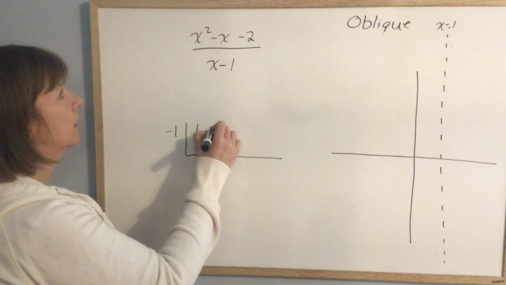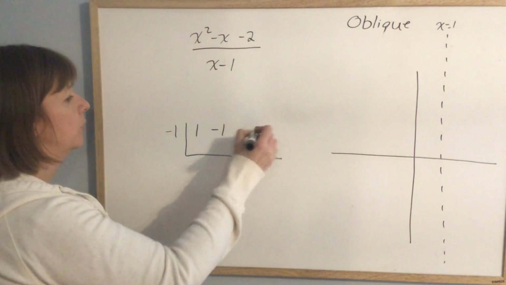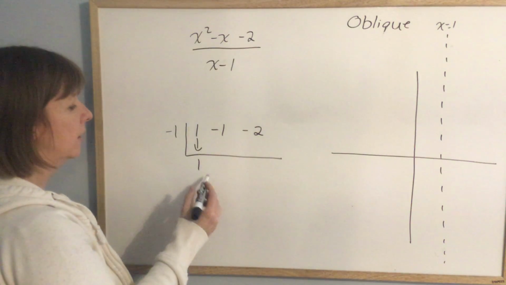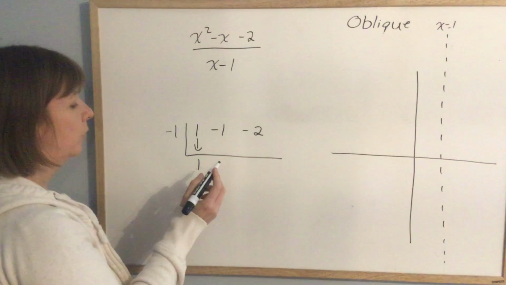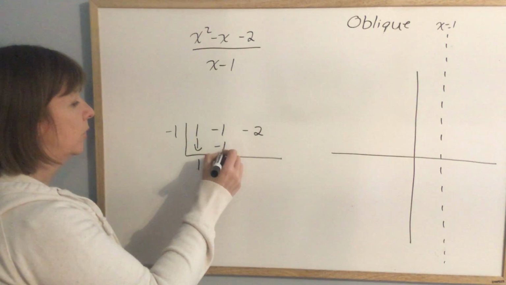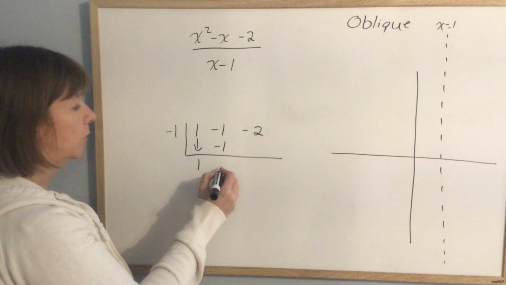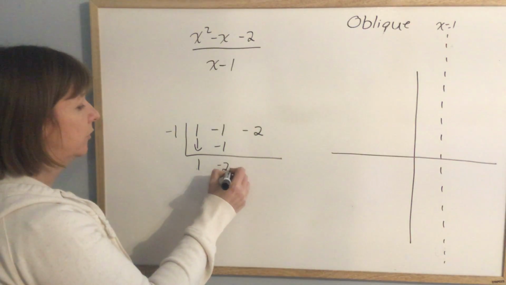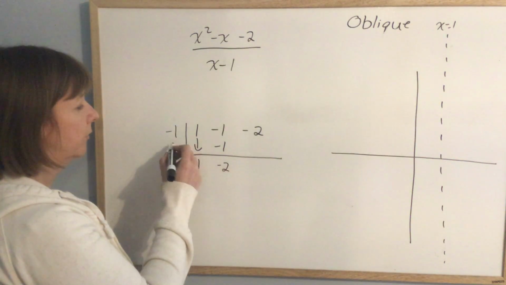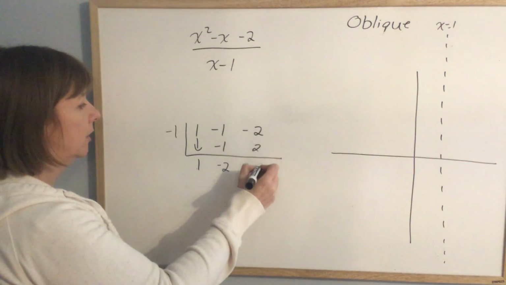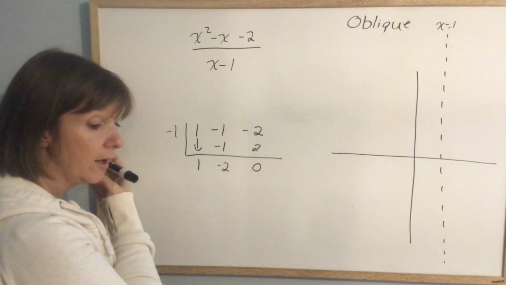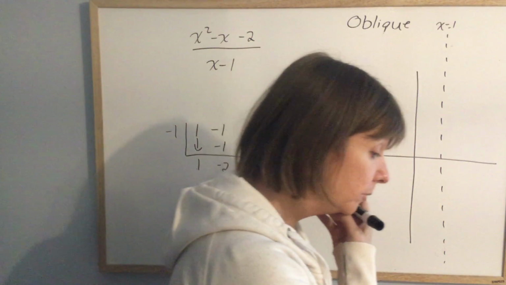I'm going to do 1, negative 1, negative 2. So I move my 1 down. I go 1 times negative 1 is negative 1. Negative 1 plus negative 1 is negative 2. And negative 2, that's 2, and that's 0. And so I end up with x minus 2, but that's not right.